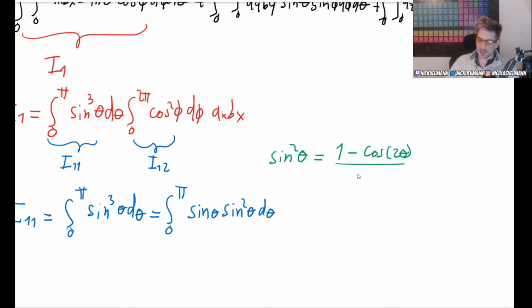Is it minus or plus? Maybe I should double check. I'm going to double check real quickly. So we know that we can derive it if we have 1 is equal to cosine squared of theta plus sine squared of theta. And we also know that cosine of, not squared, but of 2 theta is cosine squared minus sine squared theta.